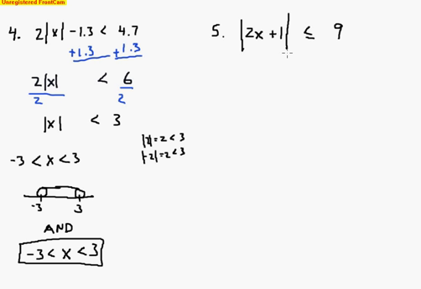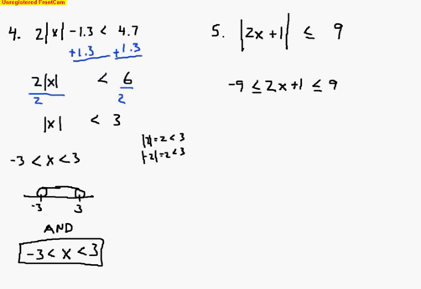So what we want to do is isolate the absolute value like we did here, but it's already isolated. See, this positive 1 is inside the absolute value bars. So we're ready to set up our problem. We're going to figure out the values of x that make it either 9 or negative 9. So the way we're going to do that is set 2x plus 1 less than or equal to 9, but greater than or equal to negative 9.